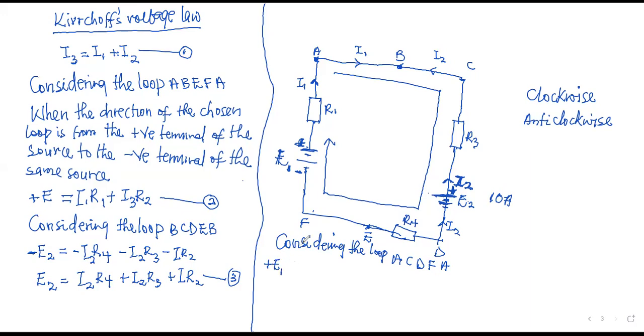The direction of flow is according to the clockwise direction. So the direction of the loop is from the positive terminal and enters into the negative terminal. Are you okay? So E1 is positive. Now, what about E2? Would E2 be positive or negative?